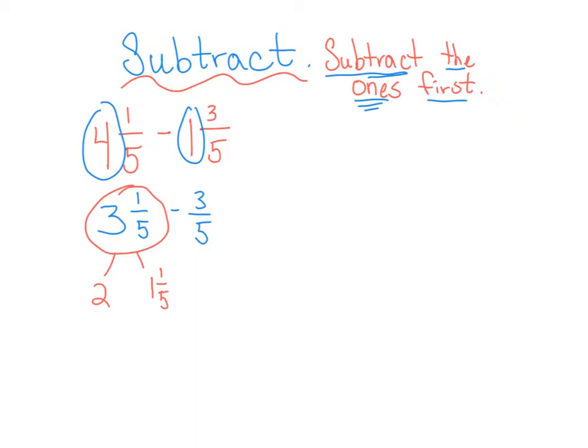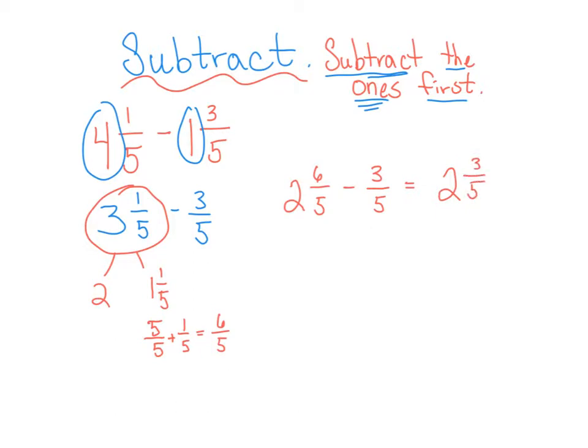Our denominator says that we have fifths, so we need to take that 1 and say it's 5/5 and add that extra 1/5 to bring us to 6/5.